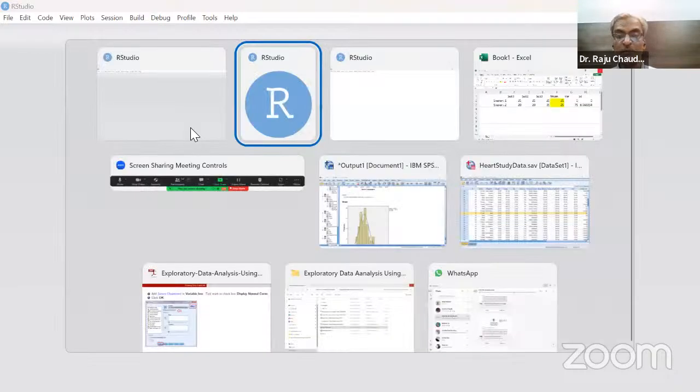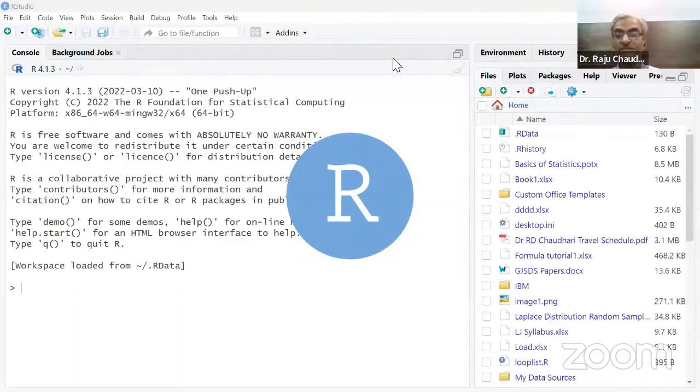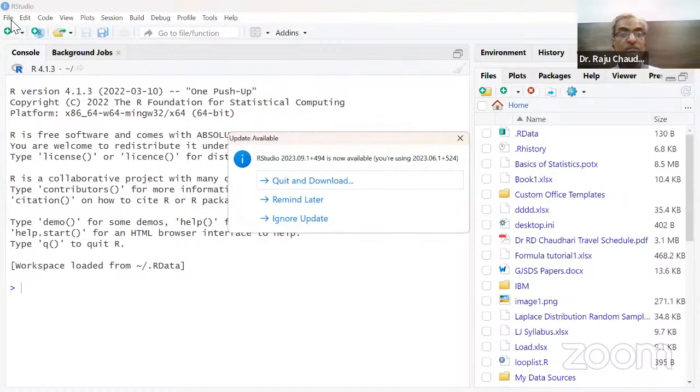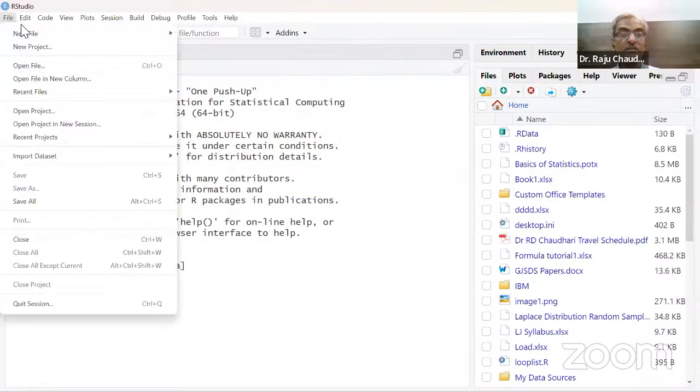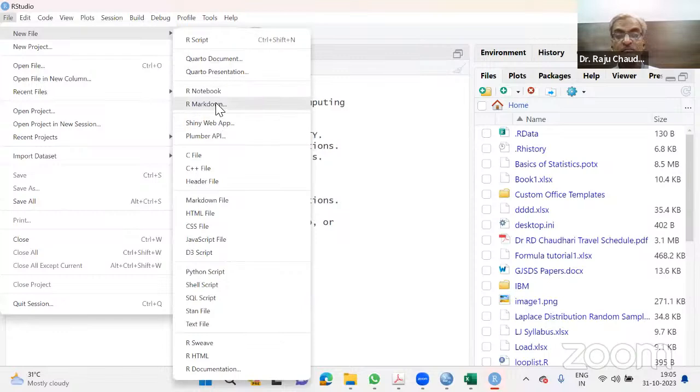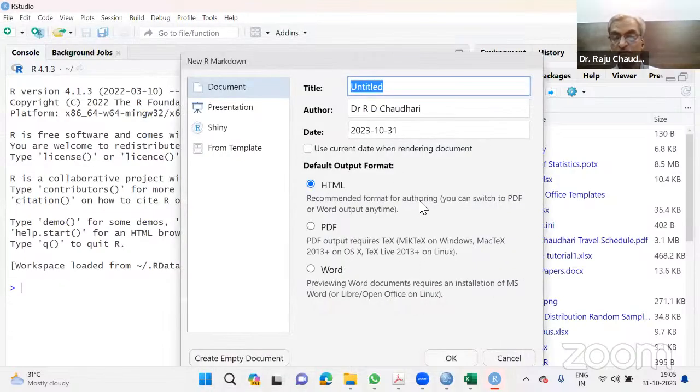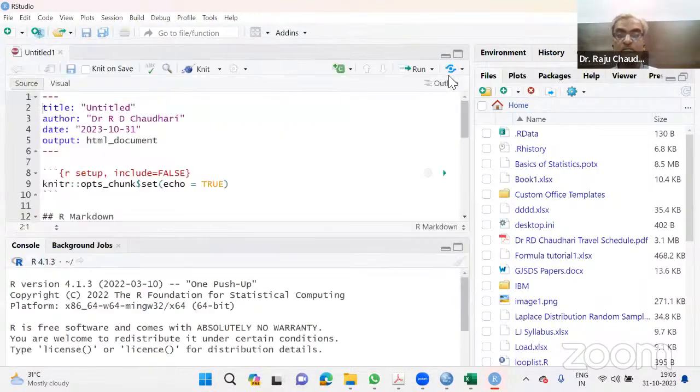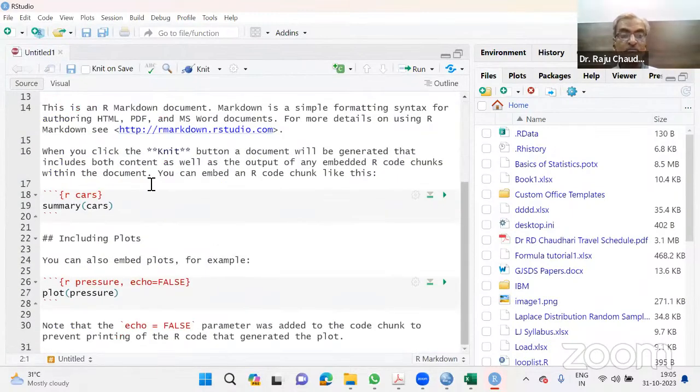But here, in my R Studio, I can write a formula.